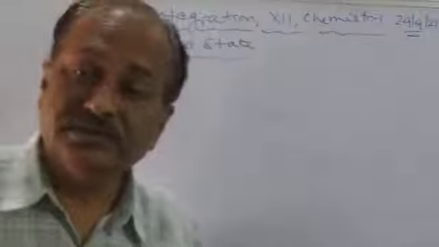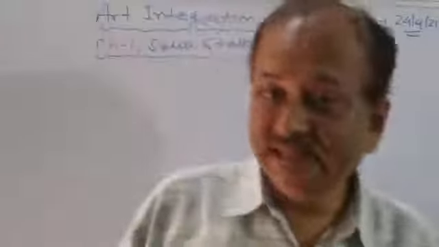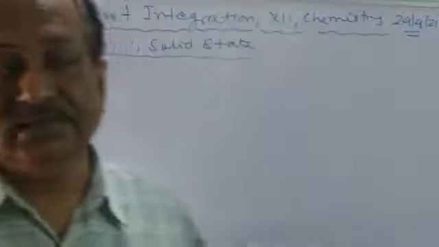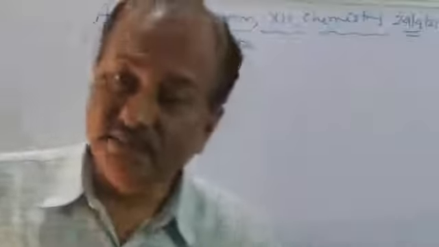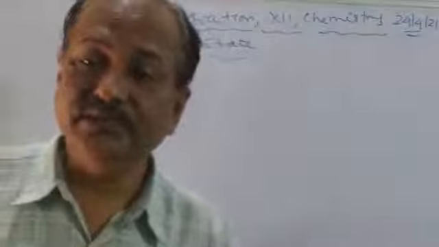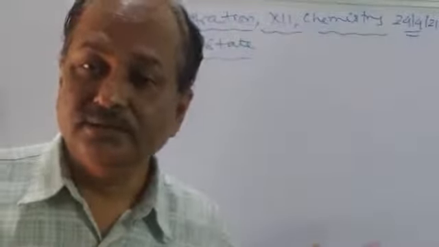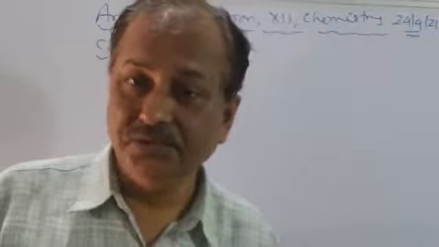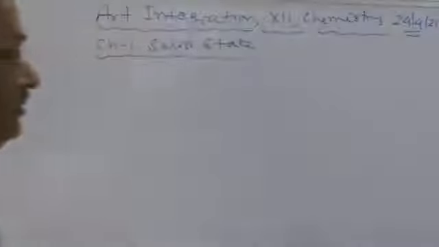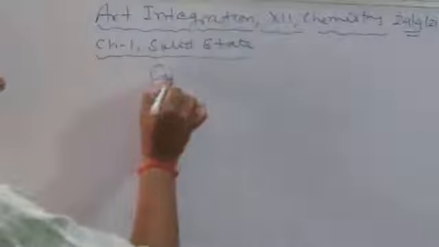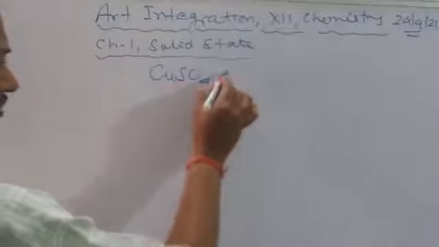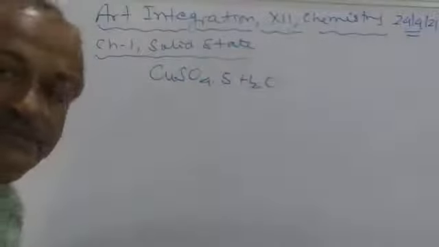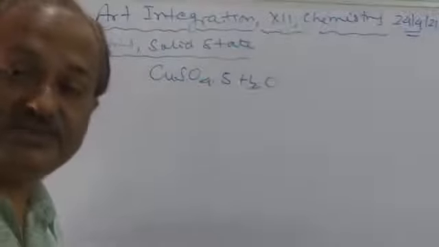Now this is a very important part about the integration of art in our daily life. And so children, in the first chapter I will explain a very important point about the different color patterns of some salts. You know this thing, like copper sulfate pentahydrate, CuSO4.5H2O.